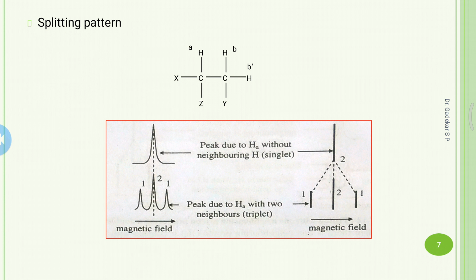But in high resolution, A interacts with B and B dash protons to form three signals, three peaks, due to HA with two neighboring protons, forming a triplet. So with N plus 1, N means neighboring protons, here two, B and B dash. So 2 plus 1, 3 signals are observed. This is the two neighboring group splitting pattern.